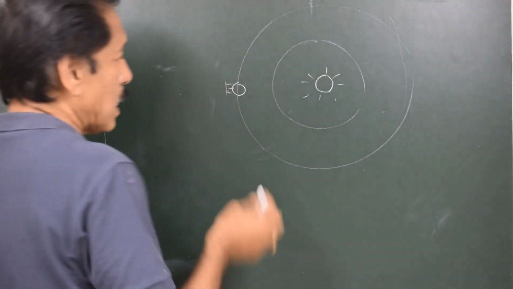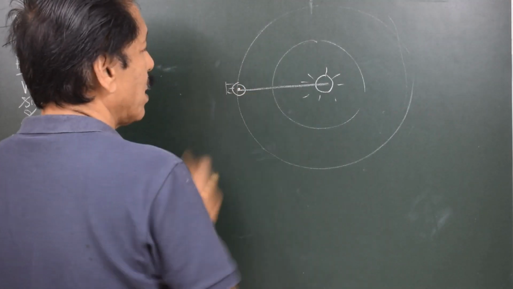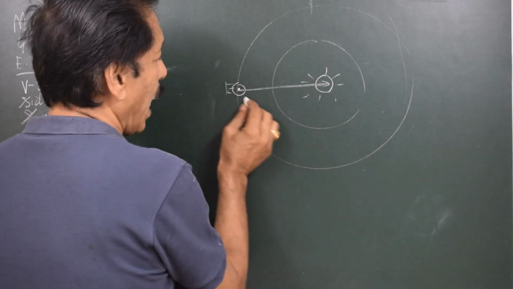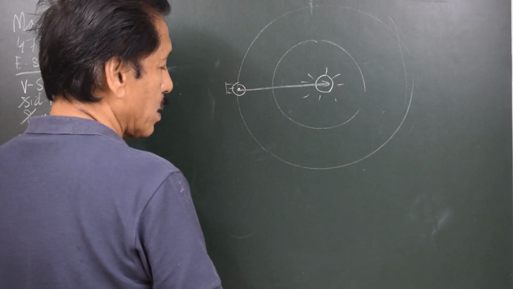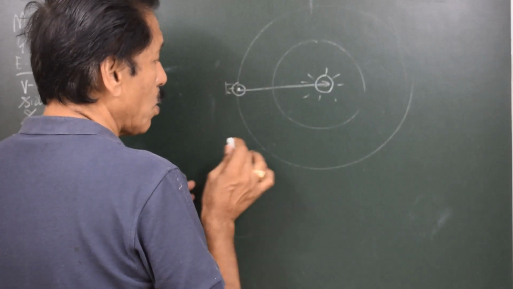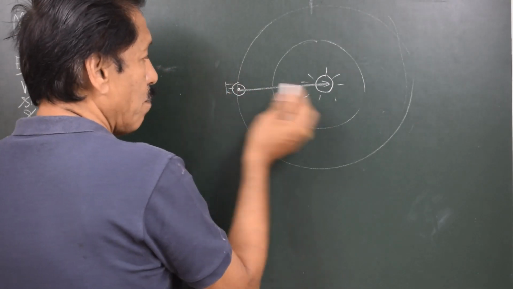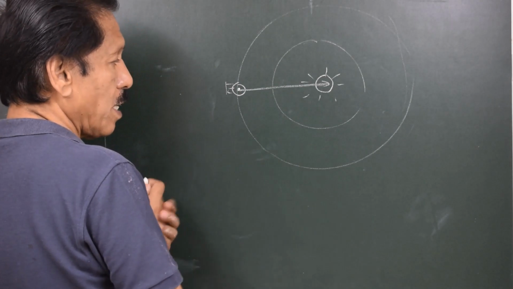We have seen that the elongation is the angle measured at the center of Earth between the directions of the Sun and a heavenly body. It may be the moon or it may be a planet. But we are talking about the maximum elongation. Venus cannot be in opposition because it is an inferior planet.